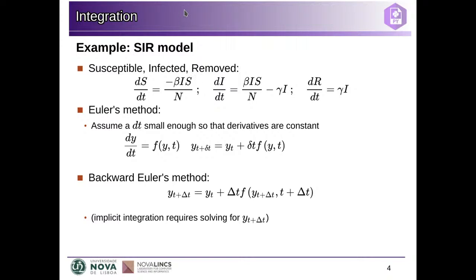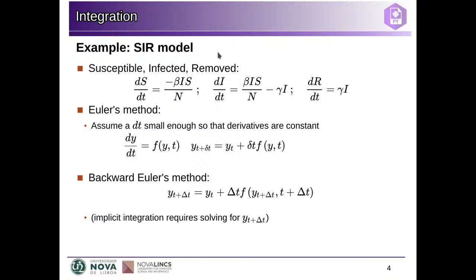And we can describe how we expect them to change over time by writing the differential equations. So S, the number of susceptible people, will change over time as a function of the number of those that are infected and those that are susceptible.